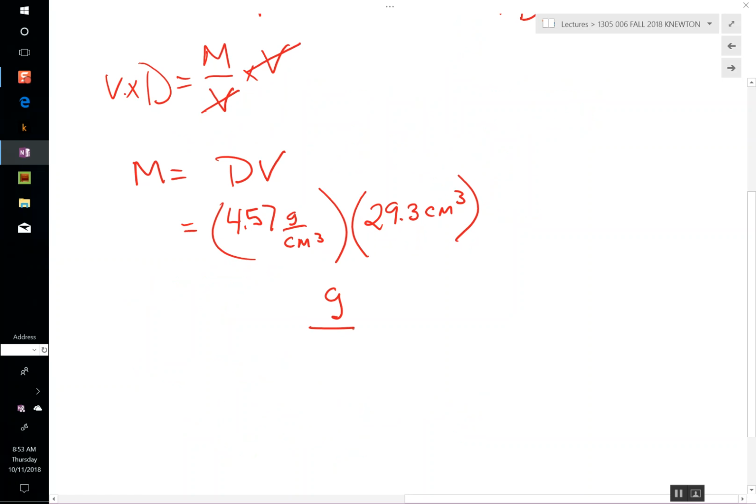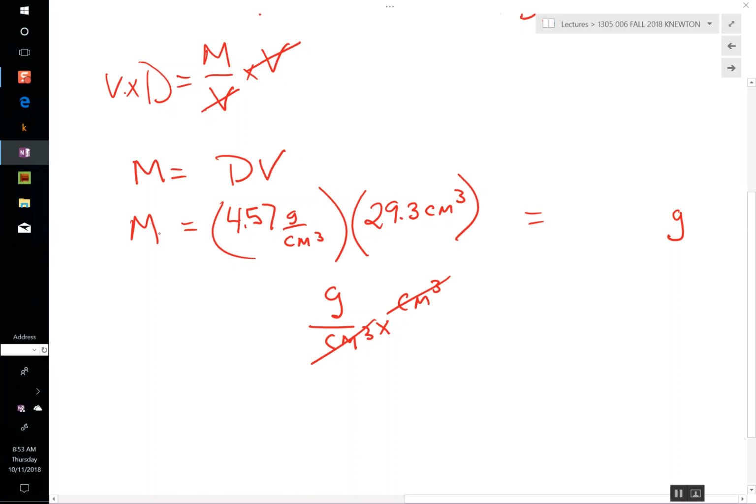You have grams per cubic centimeter times cubic centimeters. And you know that your unit out here is going to be grams. Is that okay with you? Since you're calculating a mass, yeah, that's okay. That looks good. So now do your calculation. So what is the mass of that metal going to be?